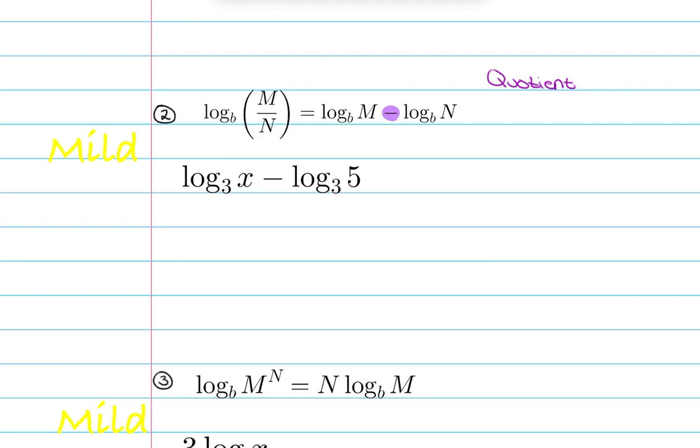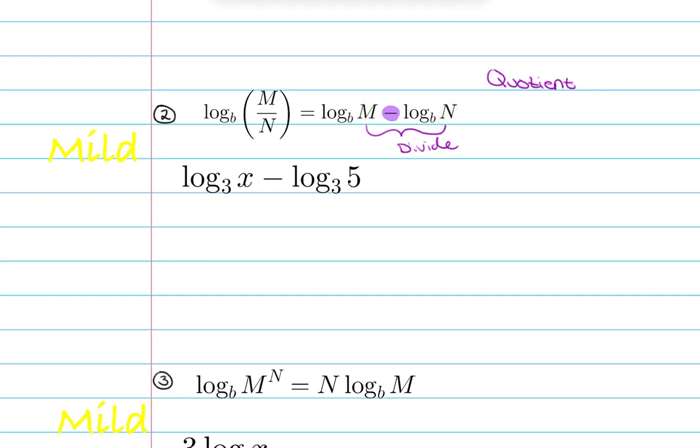Again, the bases are the same, so that means you will divide your arguments. It is always going to be the first argument divided by the second argument. So your first argument is going to go on top of your fraction if you're writing it that way.